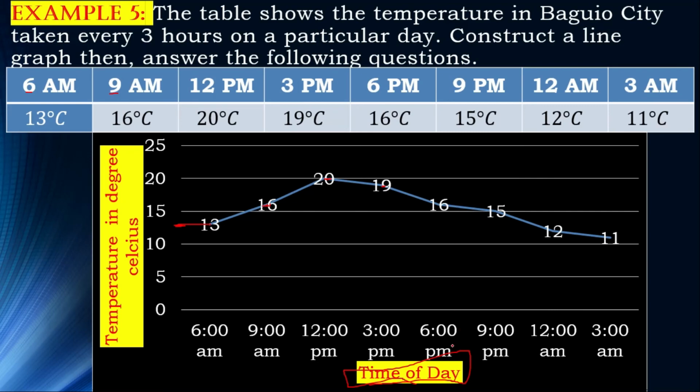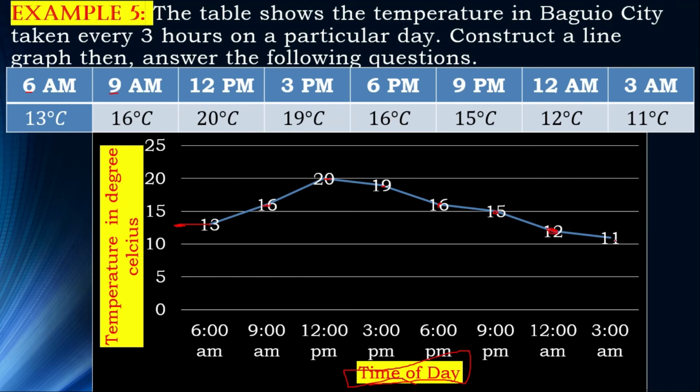At nung 6 p.m., nag-decrease ulit siya ng 16 degrees Celsius. At nung 9 p.m., nag-decrease ulit ng 15 degrees Celsius. Ayan, papalamig na siya, no? So, nung 12 a.m. na, 12 degrees Celsius na lang yung temperature sa Baguio City.